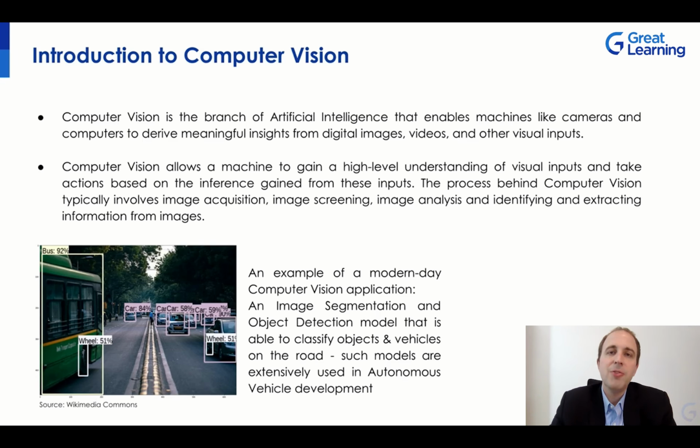This slide has some information about computer vision. Let's start by looking at the photograph here in the bottom left of the slide. This is the type of thing you might see if you were driving a car or if you were on a street. There are many types of things you might see.